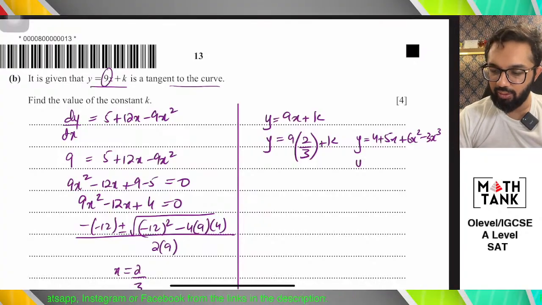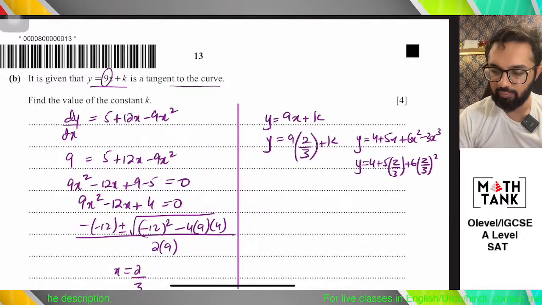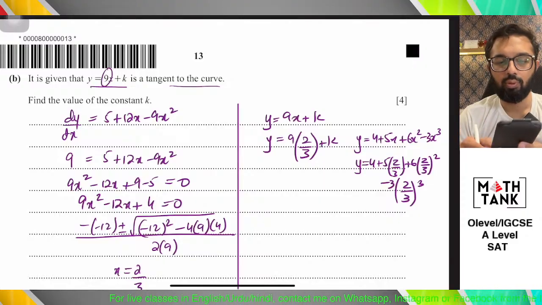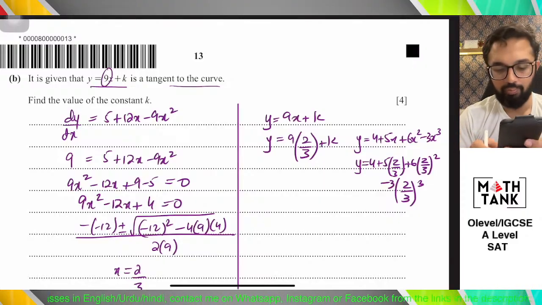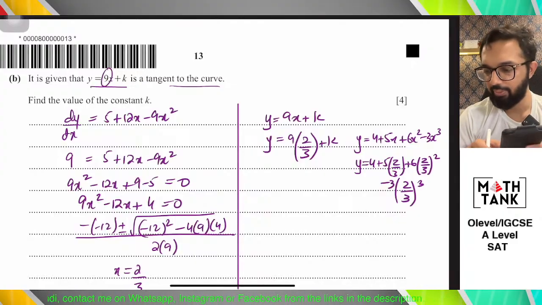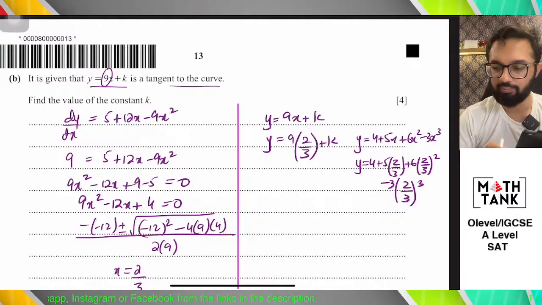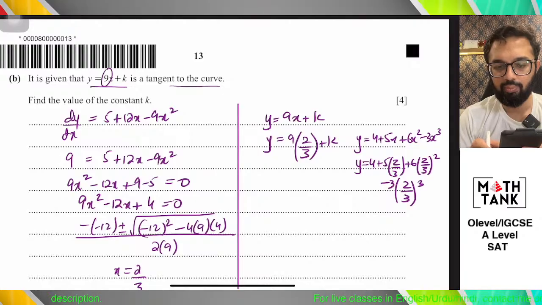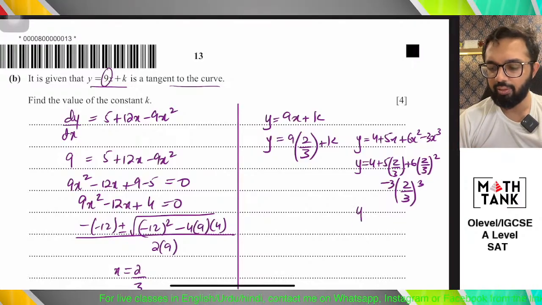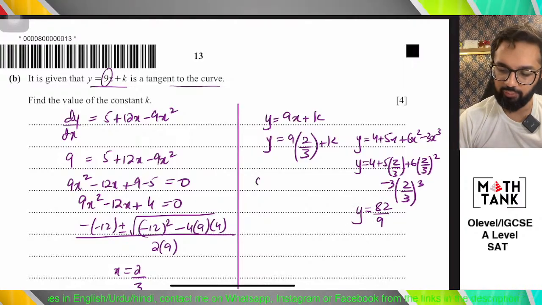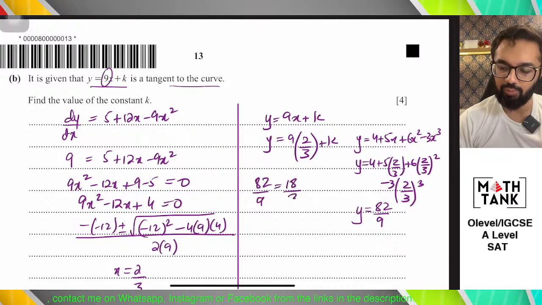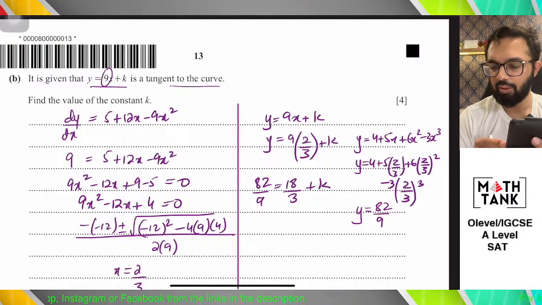So I'm going to plug in x equals to 2 over 3 here. Eighty-two over 9, 82 over 9, and 3 plus k minus.